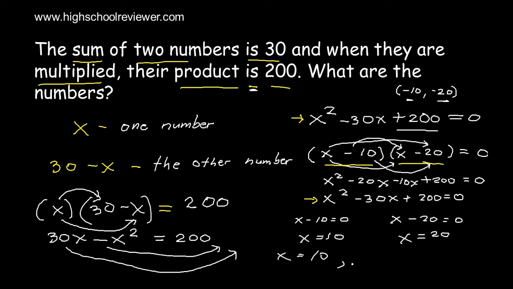And then we also have here 30 minus x. So what will be the number for this? This will be 30 minus 10, and this is equal to 20. So therefore, our numbers now are positive 10 and positive 20. And these are our final answers.